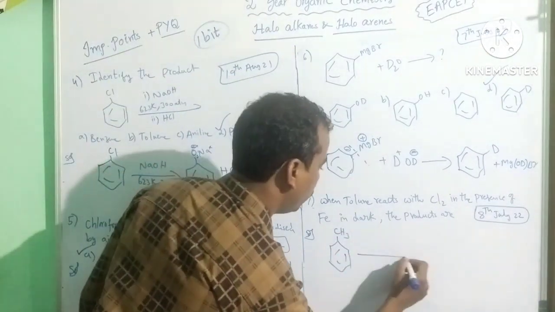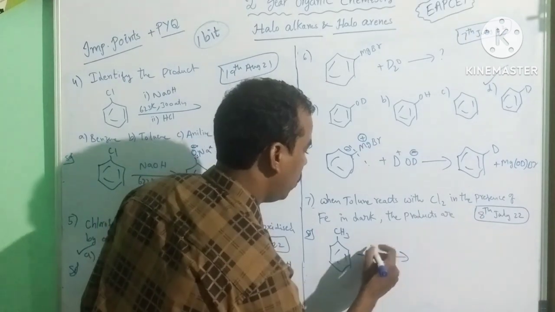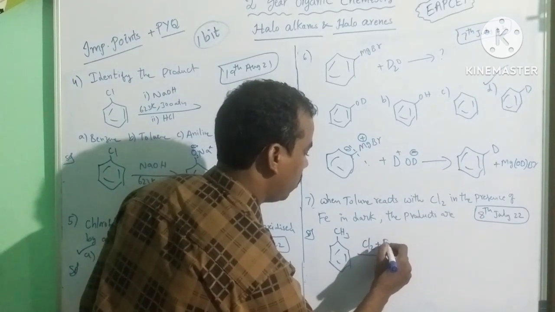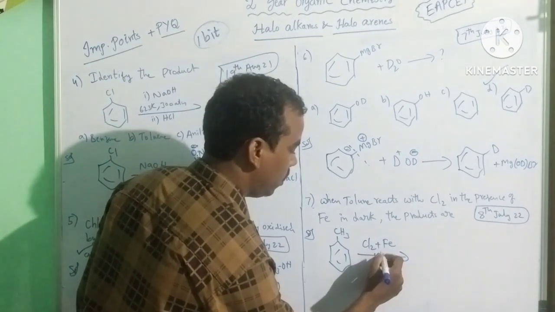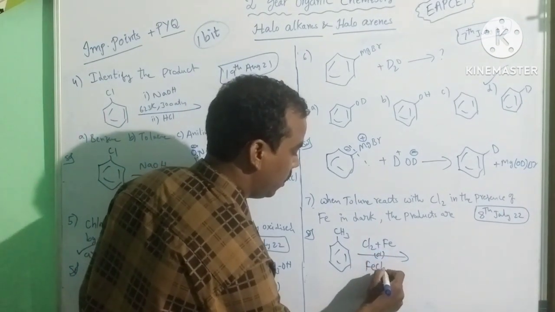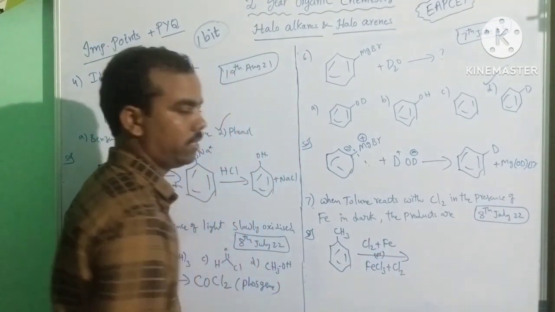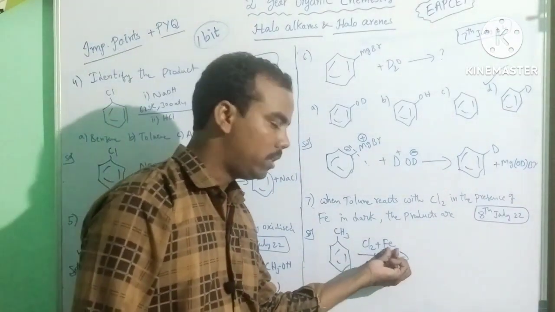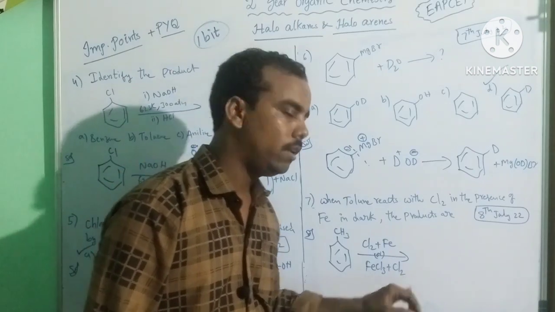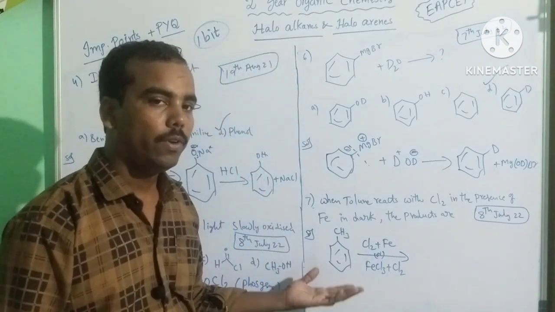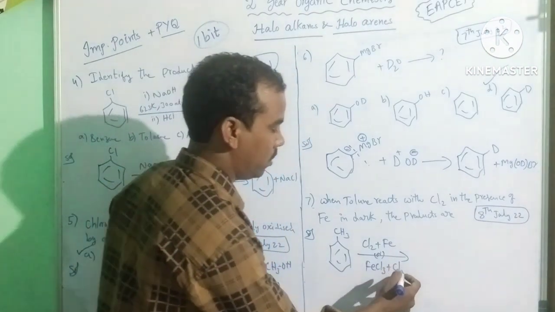When toluene reacts with chlorine in the presence of iron, FeCl3 is formed along with Cl2; excess chlorine is present. When it reacts with Fe, it forms FeCl3 plus Cl2. FeCl3 with Cl2 means that is a Friedel-Crafts halogenation reaction.